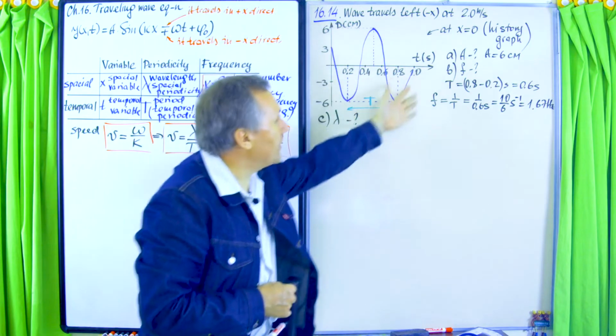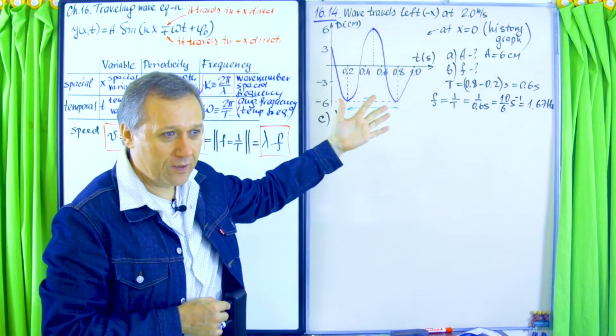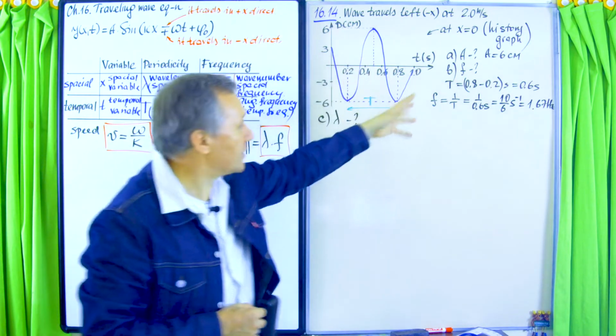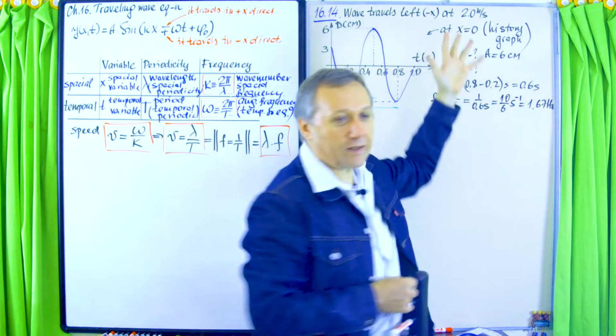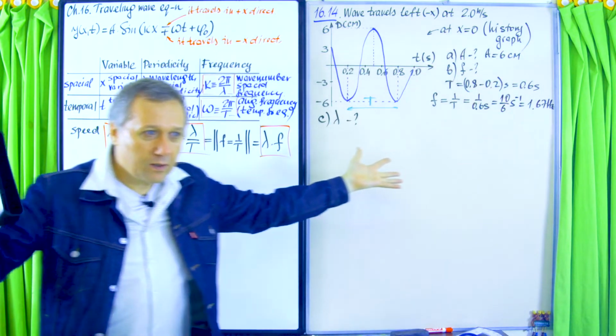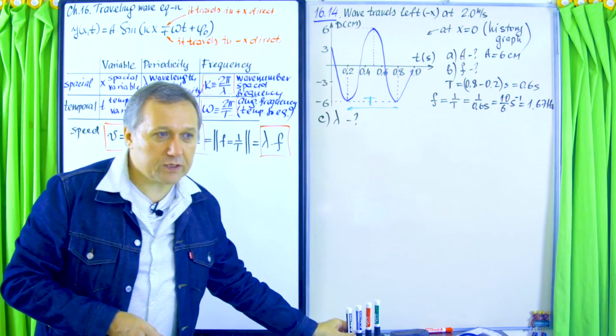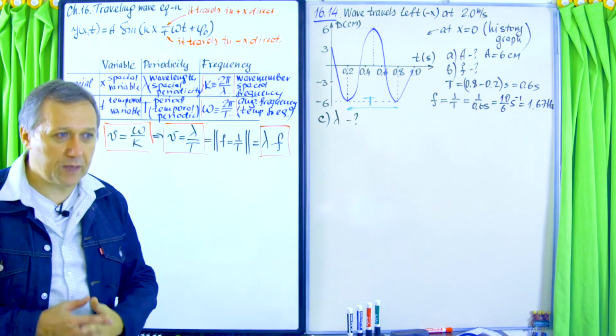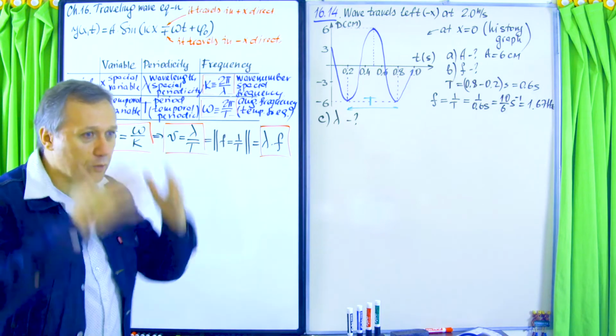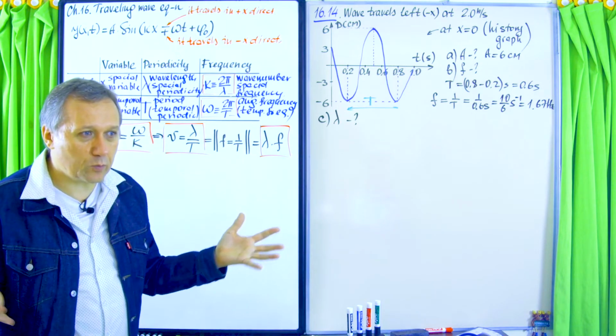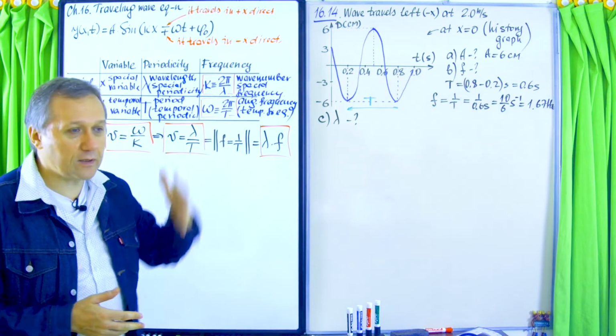We have tons of temporal information in the graph, but almost nothing except that this was recorded at x equals 0. How can we get information about what happens to this wave in space? Because right now it sounds like, oh my God, it's a dead end. We cannot move any further because that information is missing.